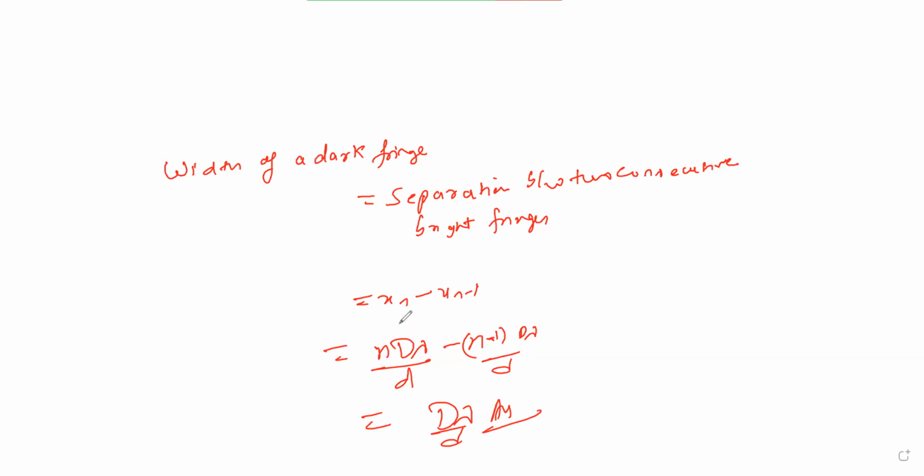I just subtracted the (n minus 1)th fringe from the nth fringe, and you get the width of the dark fringe. Once you're done, let me know.